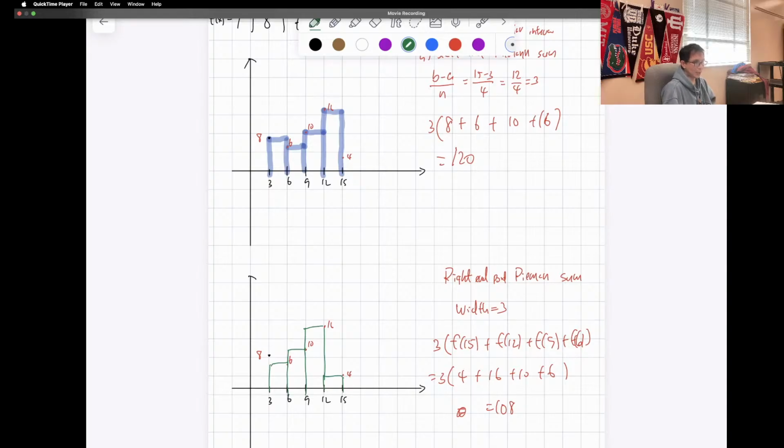Do you see that this is a little bit of an underapproximation compared to the last one? Well, right side, and we're going to talk about over and under in a second. Is this okay?